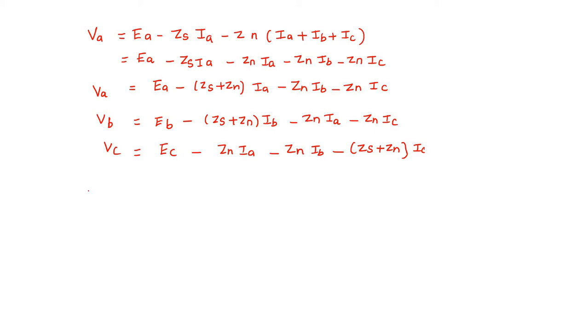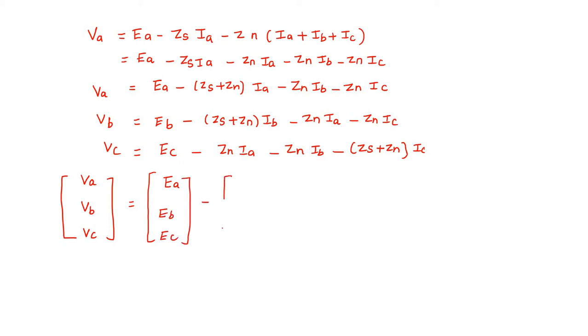After finishing this, I have to write this in matrix form. So VA, VB, VC equals EA, EB, EC, then a minus.